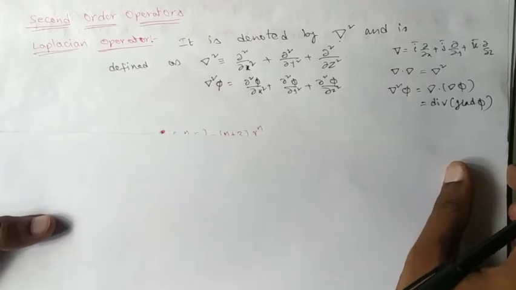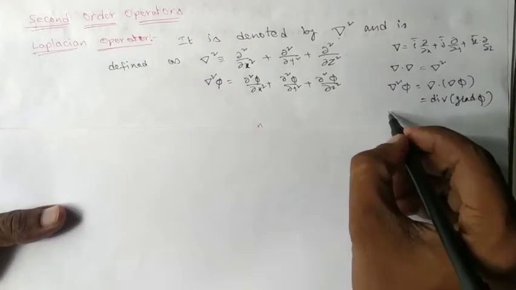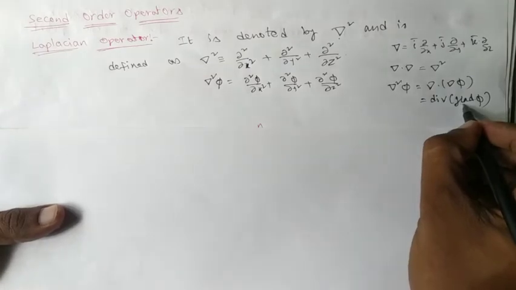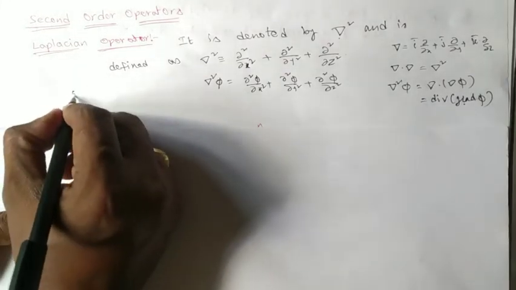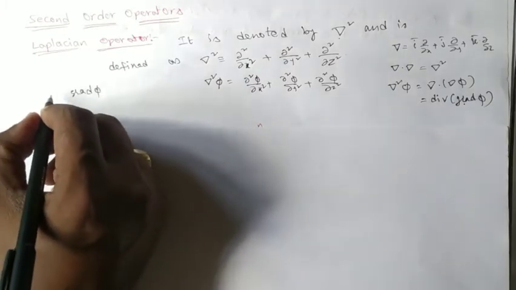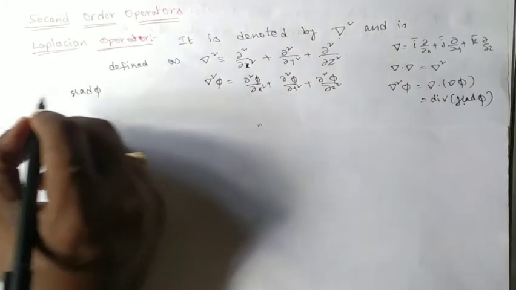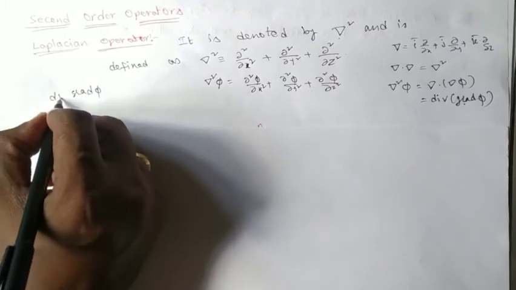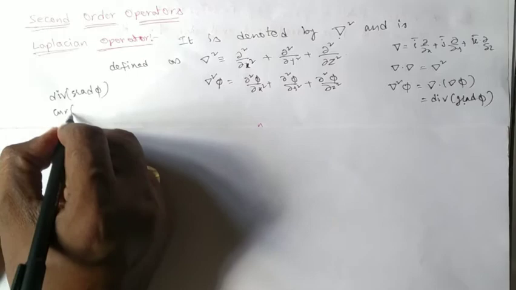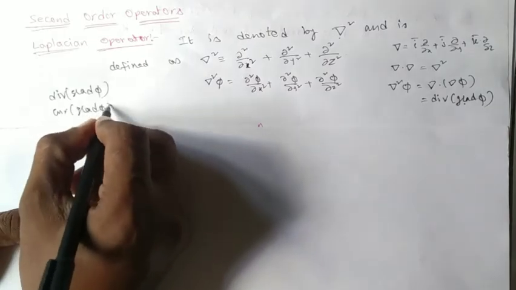Similarly, we can calculate many operators here. Since grad phi is a vector function, for this vector function we can calculate either the divergence of grad phi or the curl of grad phi. We can calculate these two.